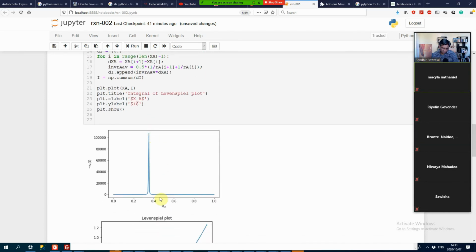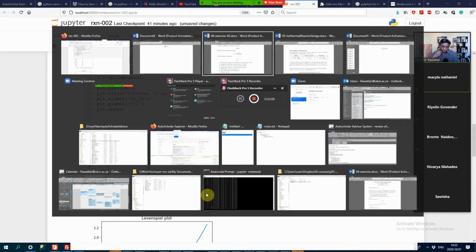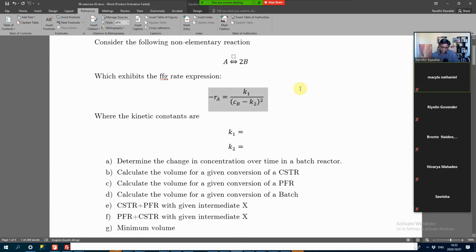Let's see. If your rate is extremely close to 0 here, then granting more time for reaction will not result in further reaction. So it looks like here, when you formed enough product, if the CB concentration is high enough, then your denominator is quite high.